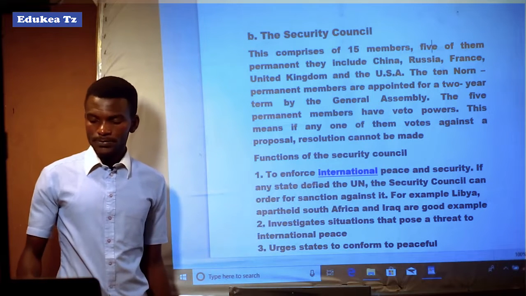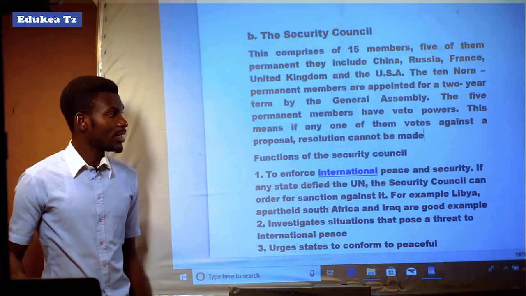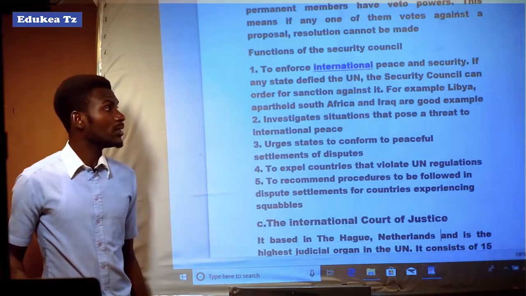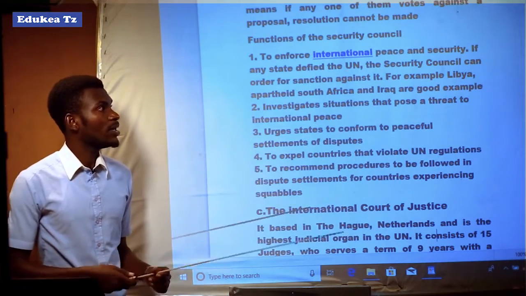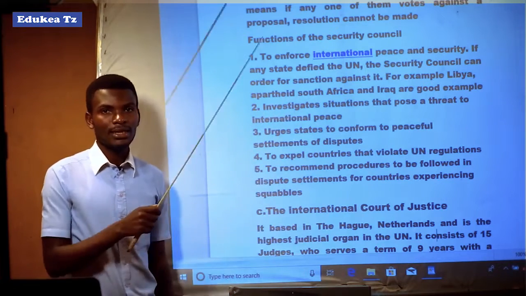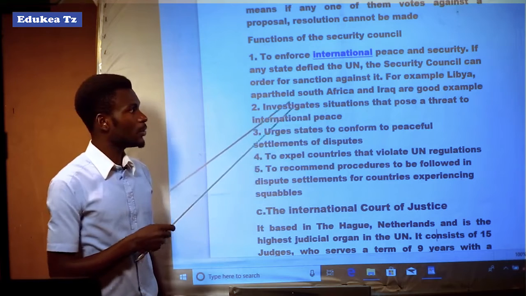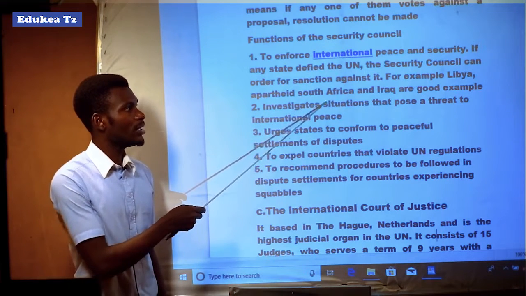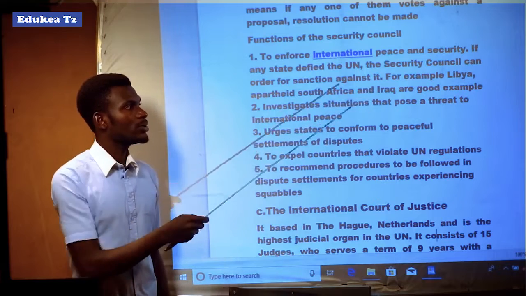So if there is a threat to the security and peace of the world, the Security Council will order sanctions against that action. For example, Libya, apartheid South Africa, and Iraq are good examples.